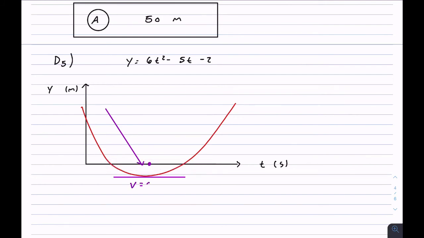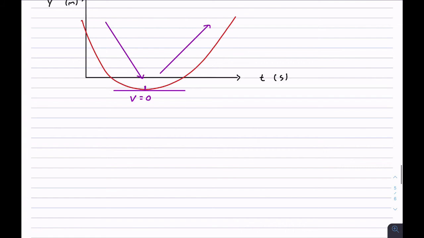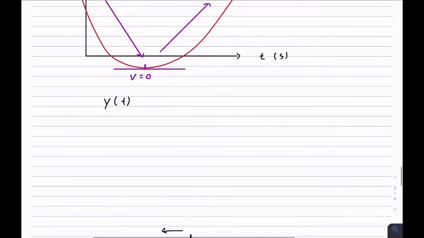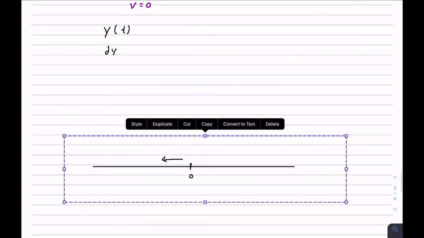So right here, v is equal to 0. That's when it's going to change direction and start going up. So what we need to do is solve for where v goes to 0. We have a function y of t. We need to find dy dt.